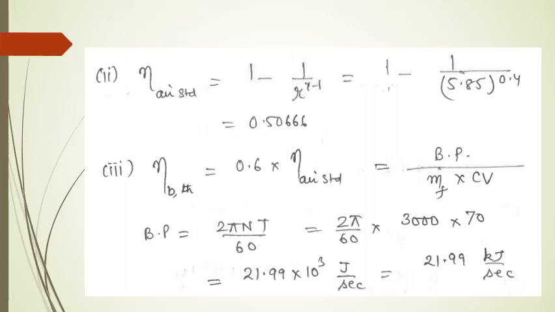Mf dot is put in kg per second and cv is put in kilojoule per kg, so that the denominator has the unit of kilojoule per second, as the numerator is expressed in kilowatt, so both have the same unit. Now the brake power is equal to 2 pi NT upon 60. Now N is given as 3000 rpm and the torque is given as 70 Newton meter. So with the help of these values, we find the brake power is equal to 21.99 kilojoule per second.